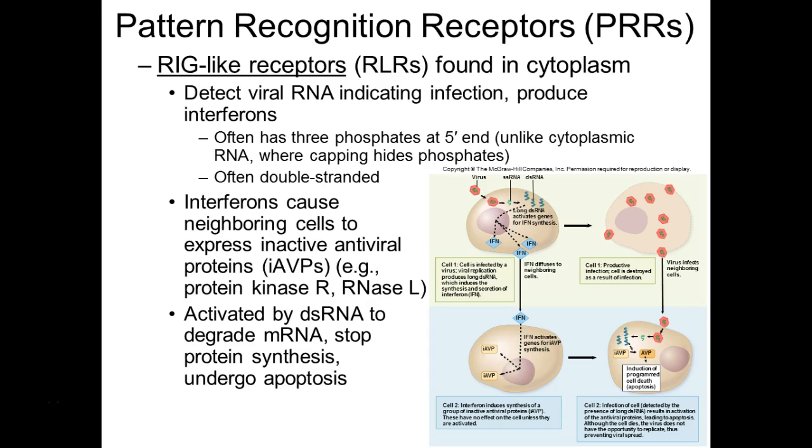So you'll sometimes hear commercials on TV nowadays for the different drugs that are out there for different illnesses and diseases. They'll talk about how it doesn't have interferon, right? And so we have actually, outside the body, manufactured interferon to help with some viral infections.